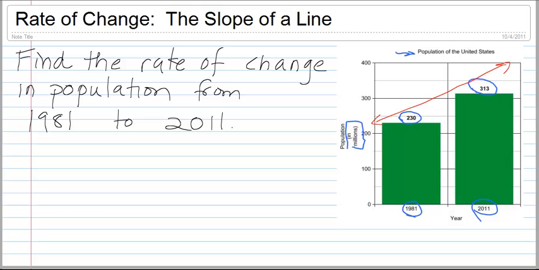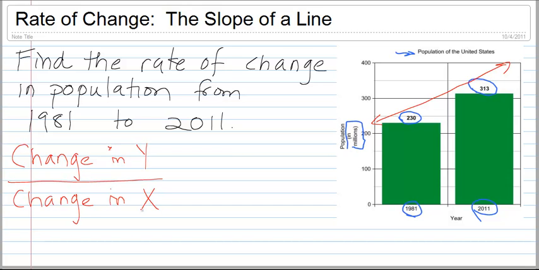In order to do this mathematically, and there are a number of different ways to find slope, what we really want to do is find what we call the change in y, and we want to make that a ratio to the change in x. This x and y will vary based on the problem that you're working. So in our case, our x is years.